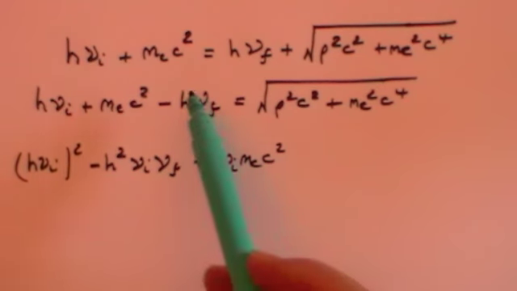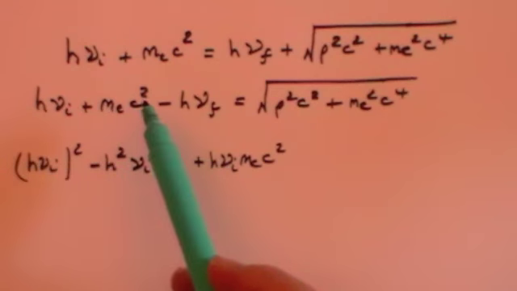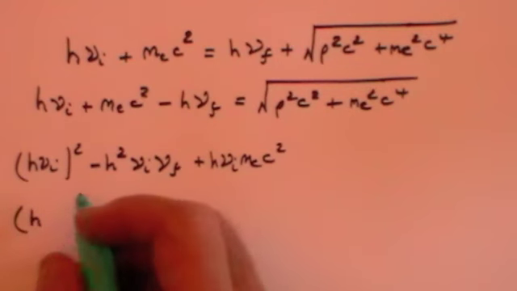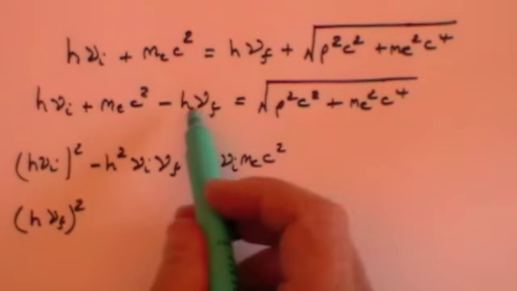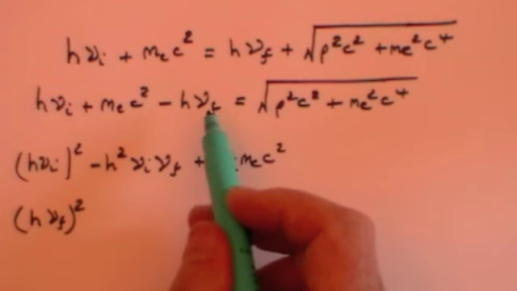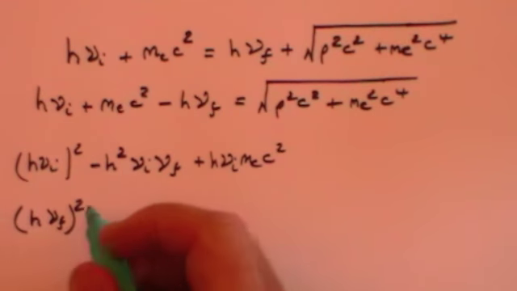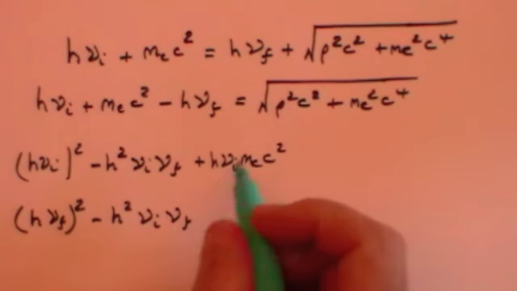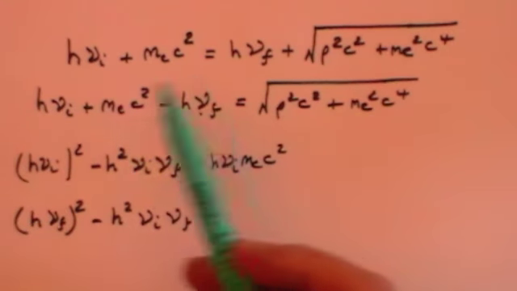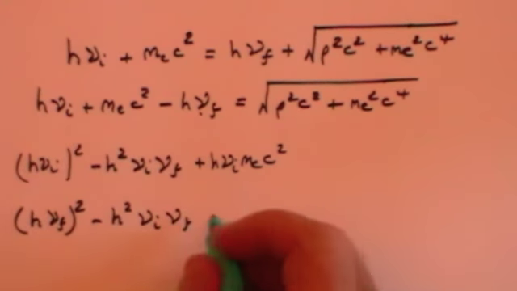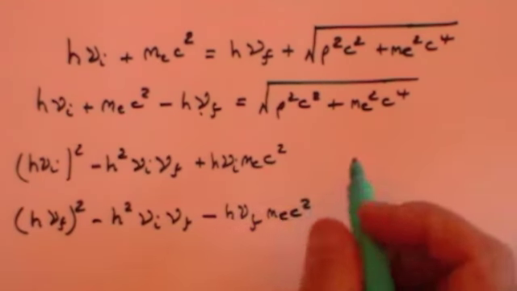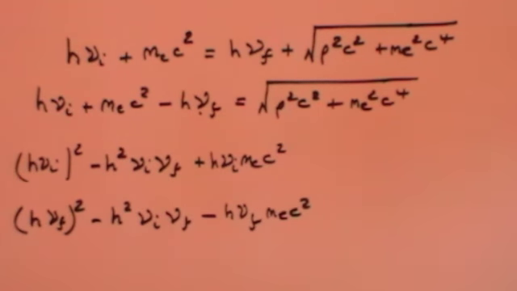Now we're going to deal with this term and multiply it by the others. When it multiplies by itself, you're going to get an (h nu f) all squared term, because minus h nu f squared is plus (h nu f) all squared. You're going to get a minus h squared nu I nu f when you multiply this term by this term, and you're going to get a minus h nu f times m e c squared when you multiply this term by this term. So far we've got 6.